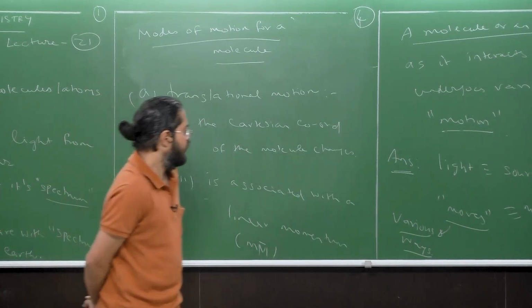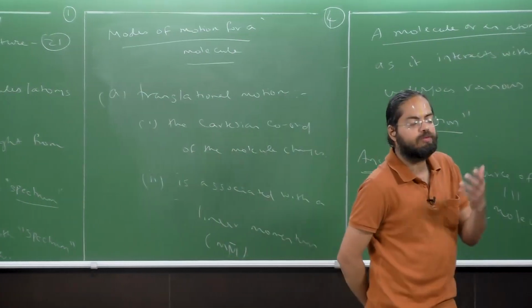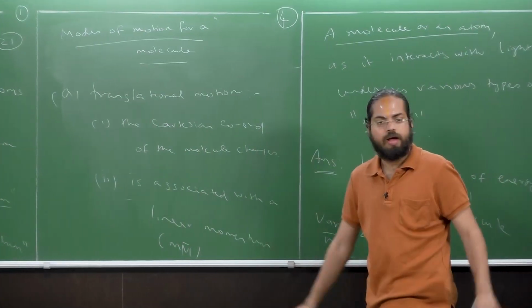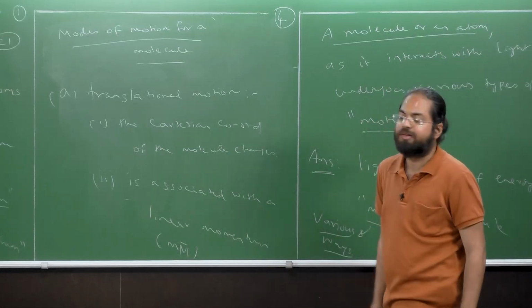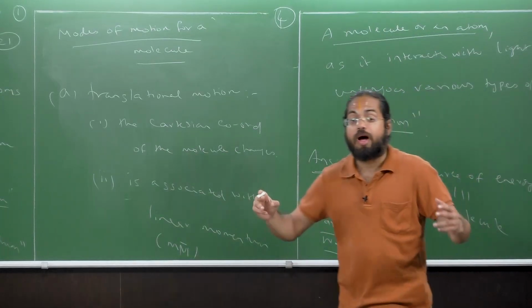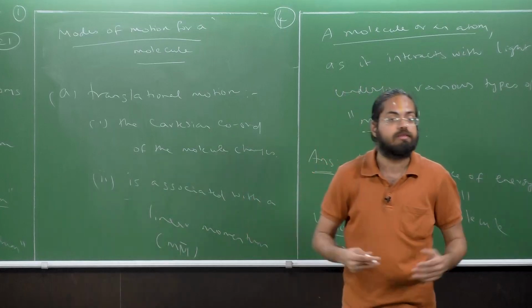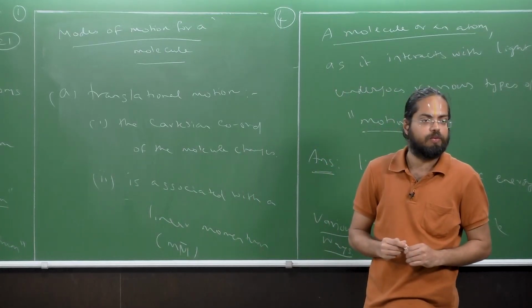So the magnitude of this linear momentum is given by m mod v. Are we good? So this is what is called translational motion. What are the other types of motion which a molecule could undergo?